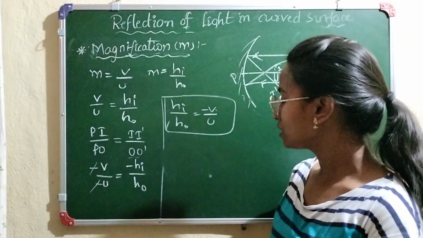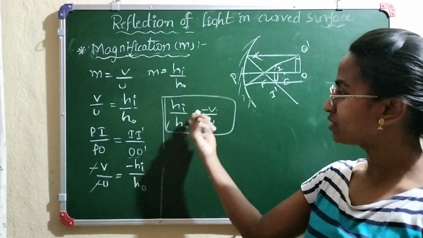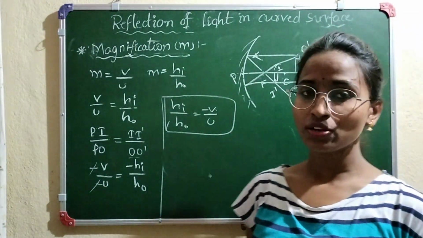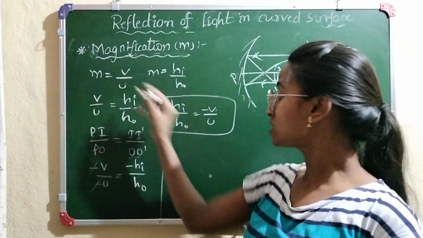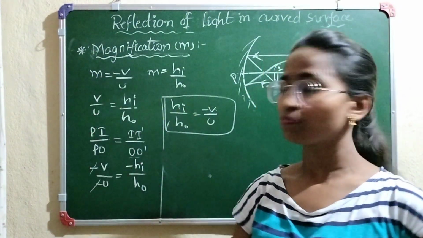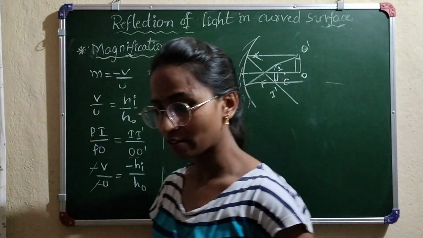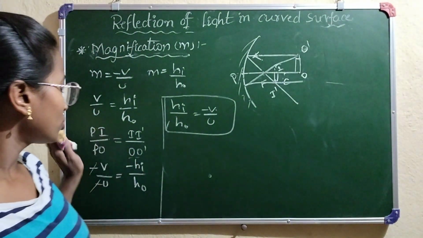This is the magnification formula, and we get the minus after applying the sign convention. Simply remember magnification is minus V by U or HI by HO. Am I clear? Fine, that's all about magnification.